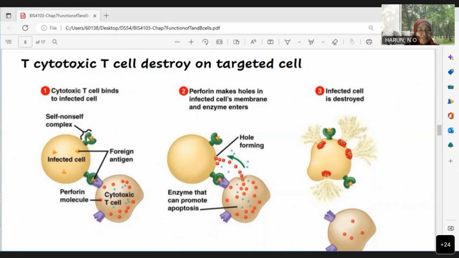So this is the complex. They will form a sort of self non-self complex.